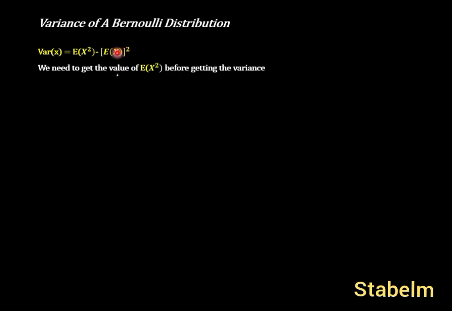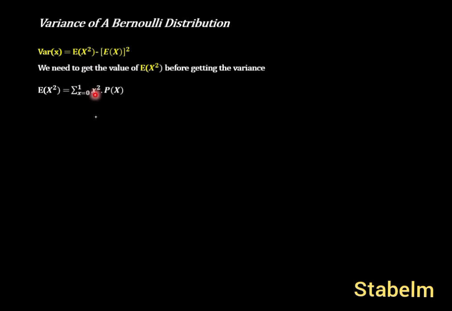Since we already know what E of x is, we need E of x squared of the distribution. Therefore, E of x squared equals the summation, x runs from 0 to 1, of x raised to power 2 multiplied by the probability of x. The probability of x here still stands for the probability mass function of the Bernoulli distribution.